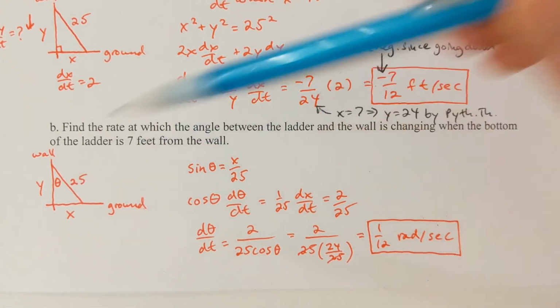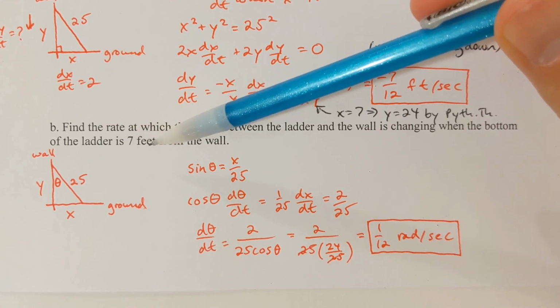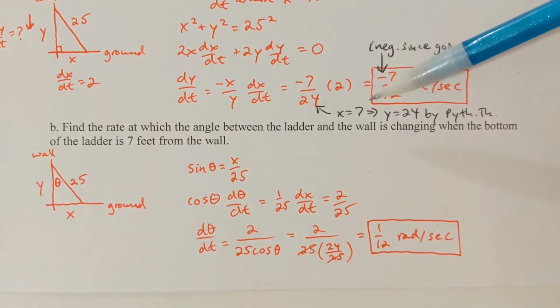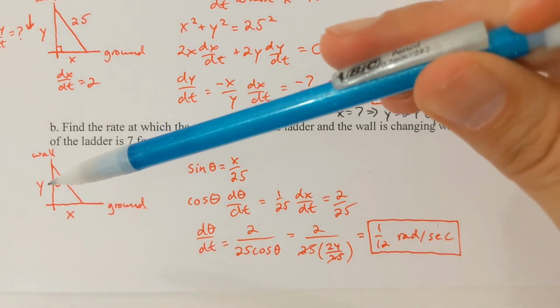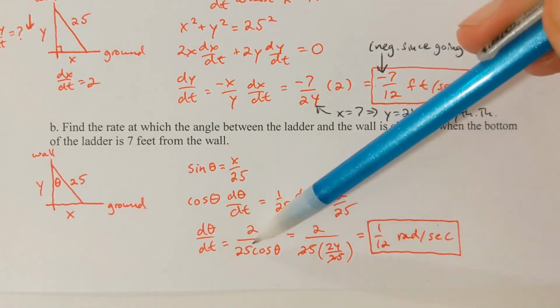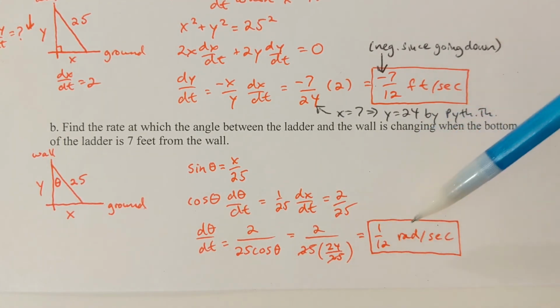The adjacent side is y, and at this moment, when the base of the ladder is 7 feet from the wall, y is 24. So 24 over 25 is the value of cosine theta. The 25s cancel, leaving 2 over 24, or 1 over 12 radians per second as the units. When you're working with angle measurements, assume radian measure unless you're told otherwise. So radians per second is the unit.